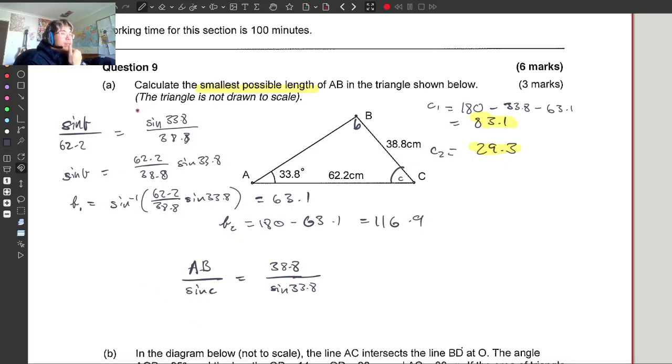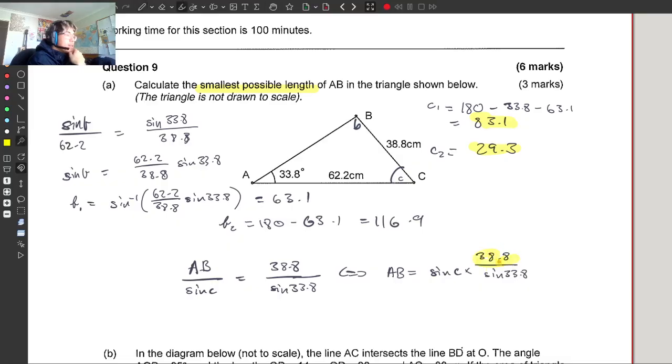This is equivalent to this one up here. I've just flipped both fractions upside down, doing operations on both sides of the equal sign, so it's all good. We can then rearrange this to get that AB is equal to sine of C over this number here, sine of 33.8.